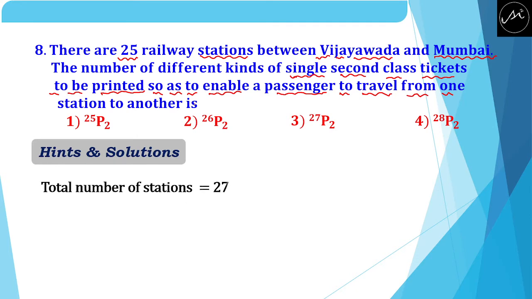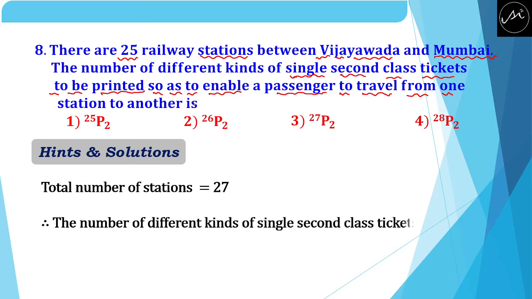Okay, so in total there are 27 stations because Vijayawada and Mumbai also have to be considered. Okay, because in between there are 25 railway stations. So Vijayawada 26, Mumbai 27. So there are a total of 27 stations.